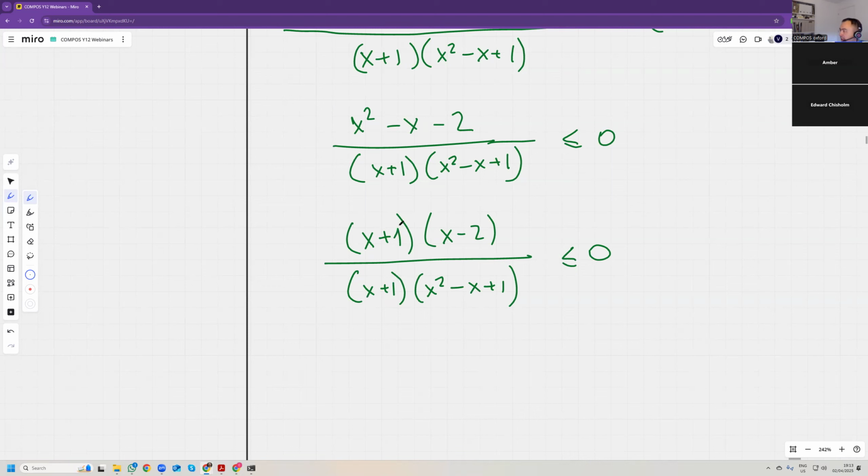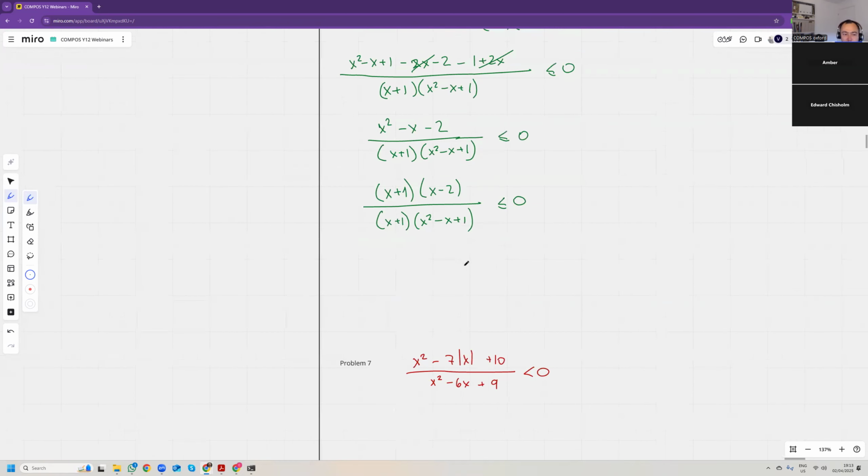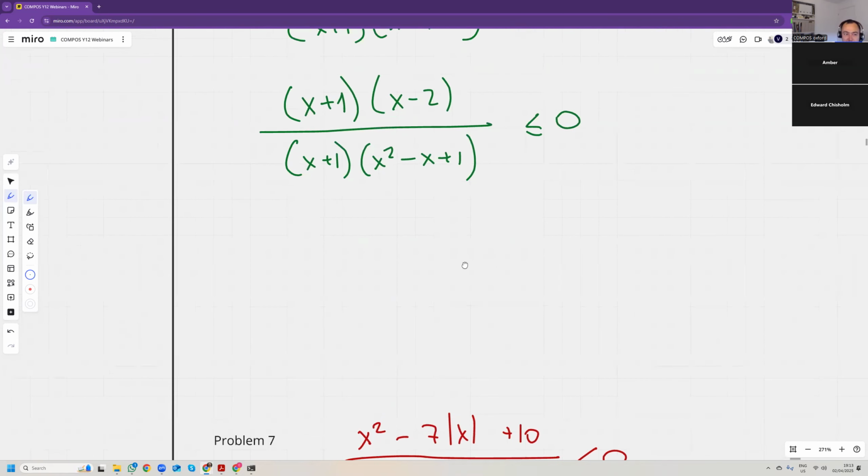It's not a very good idea to do that, because what if x is minus 1 and then you're dividing by 0? You have to exclude x equals minus 1. So the critical points are x equals minus 1 and x equals 2. This is always positive.